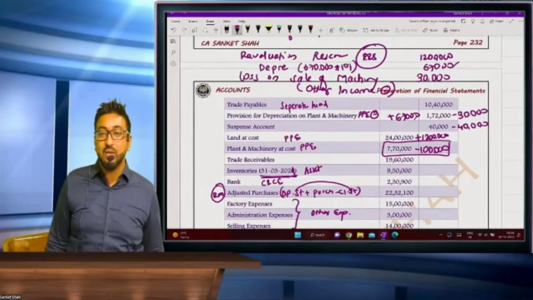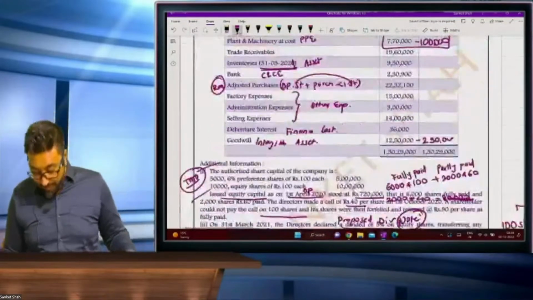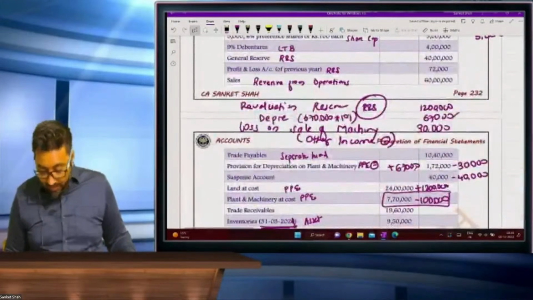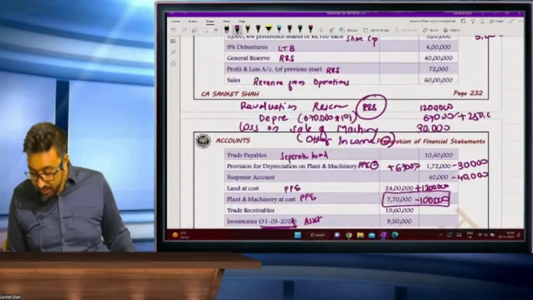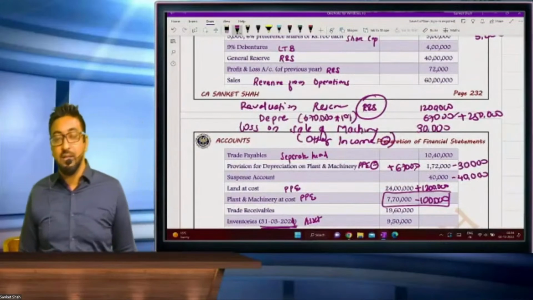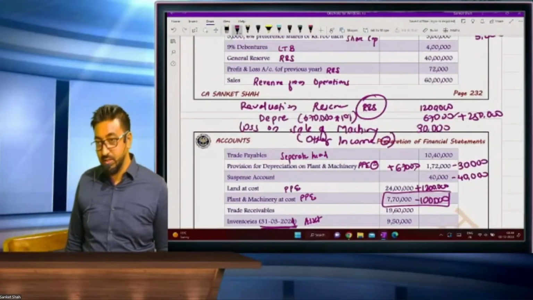So 67,000, add it in provision for depreciation. And amortization: minus 2,50,000 and add it in depreciation and amortization, 67,000 plus 2,50,000. One head, depreciation and amortization.